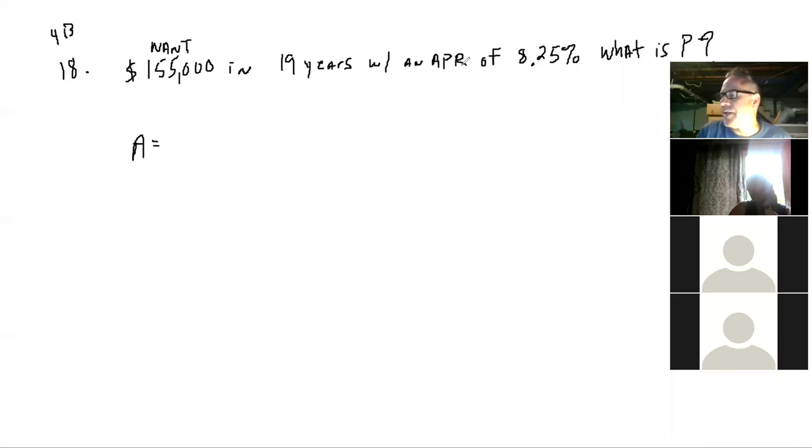Oh, I should say, because what I did not say here with my APR of this, we know that we will be compounding quarterly. Got to have that information. And then to the power of n times y.